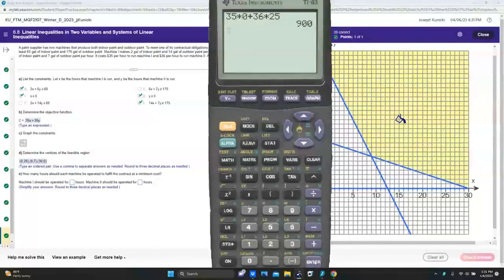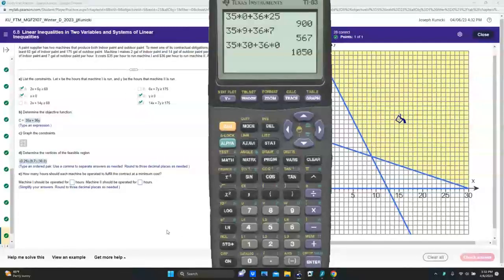And then I do the second entry. The second one says run machine 1 9 hours and machine 2 7 hours. And for that, the cost is $567. And the last one is to run machine 1 by itself for 30 hours. So that'll be 30. And just for completeness, I'll put the 36 times 0.